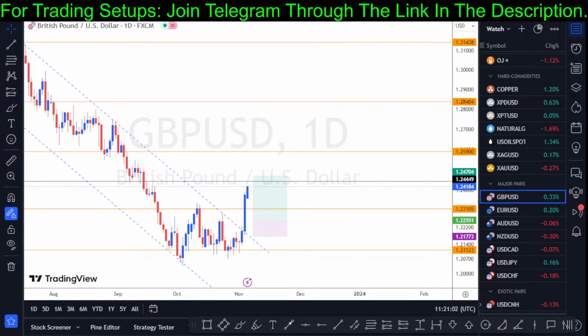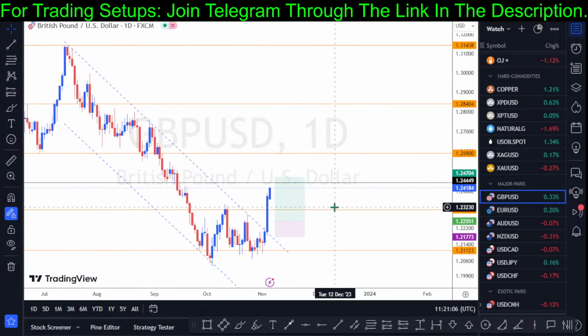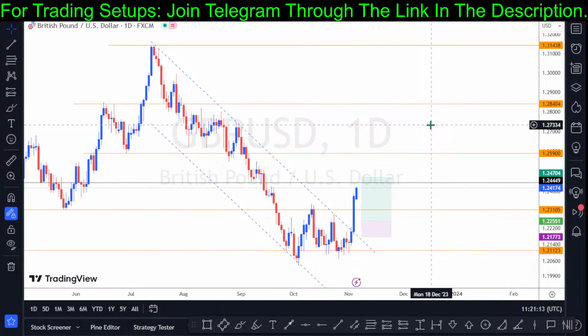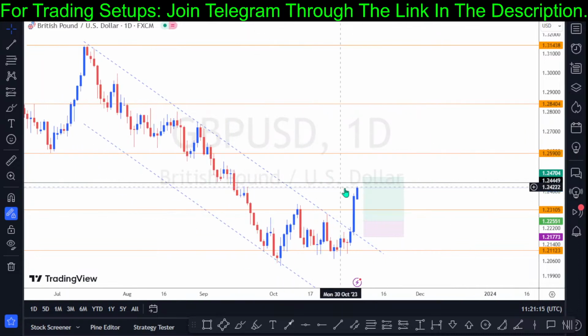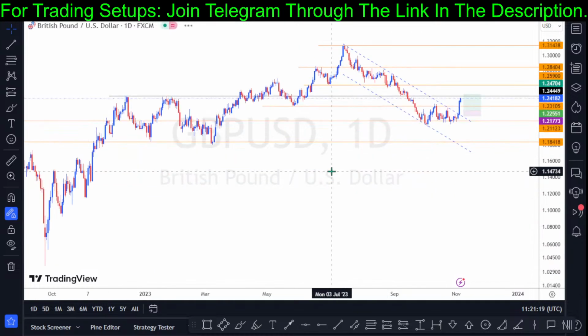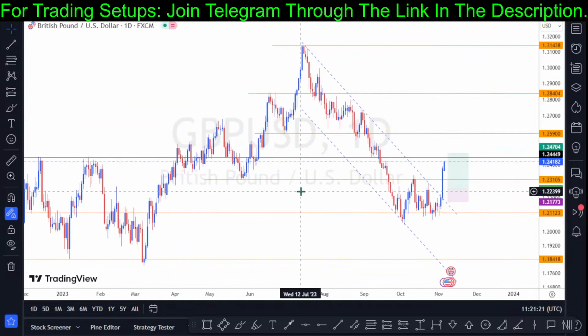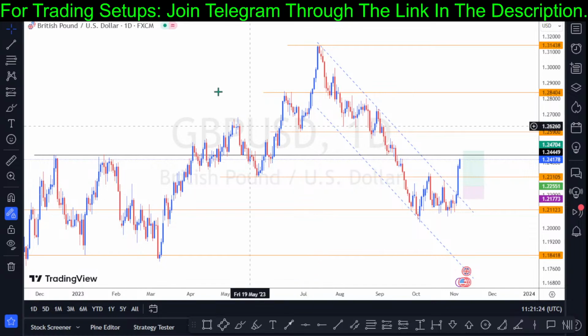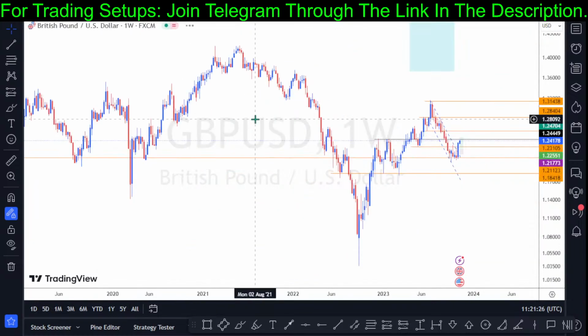So GBP USD, I told you guys I'm looking for a pullback. I will never make an entry based on the high. I will never long into high, because if you are longing into high, you are longing into a potential resistance structure based on what we have on the higher time frame.